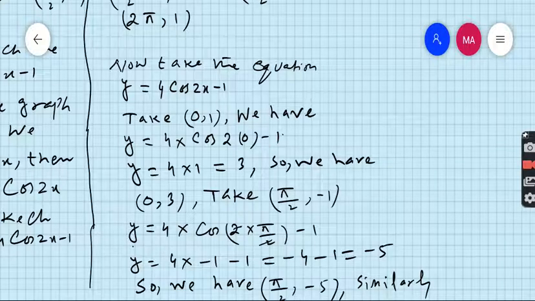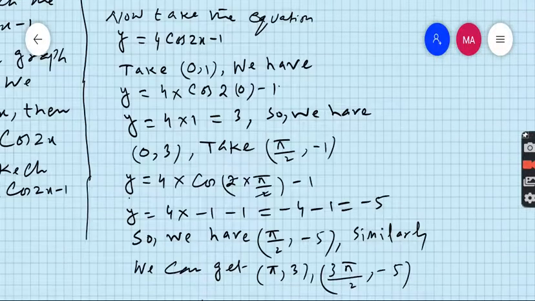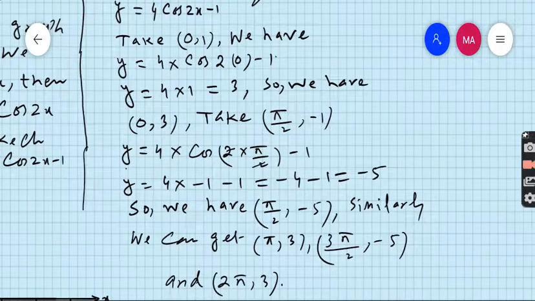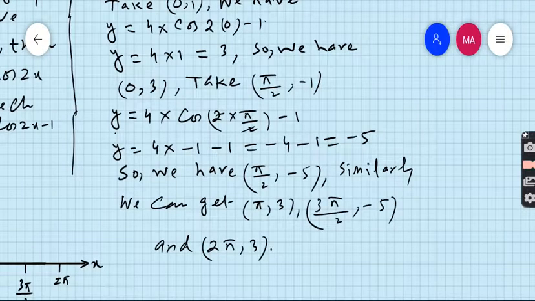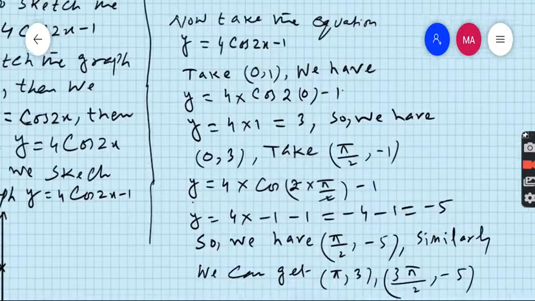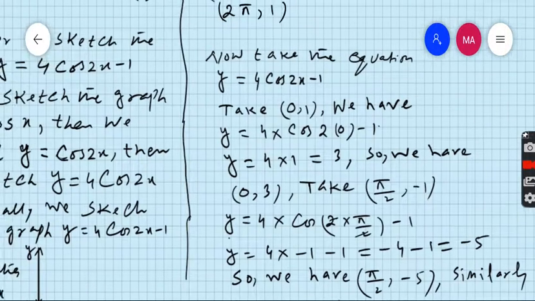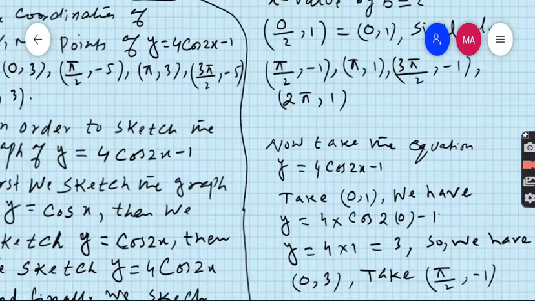Minus 4 minus 1 is minus 5. So the value changes from pi by 2 comma 1 to pi by 2 comma minus 5. Similarly, you can find all other values this way. We get pi comma 3, 3 pi by 2 comma minus 5 and 2 pi comma 3. Hope you completely understand. Kindly do the calculation if you don't understand.